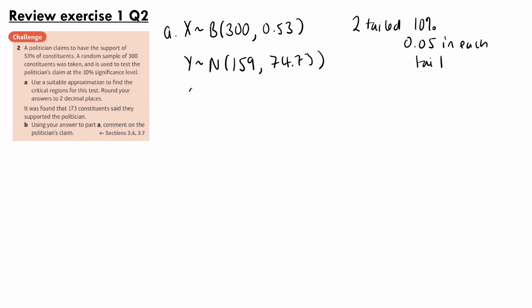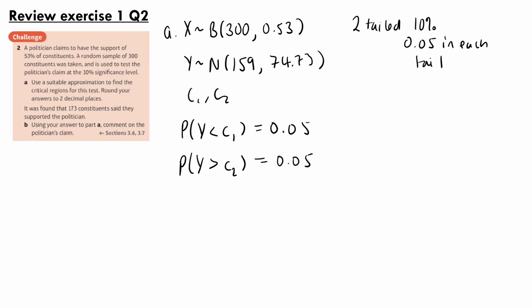So our critical values C1 and C2 are given by the probability of y being less than C1 is 0.05, and the probability of y being greater than C2 is 0.05 also.